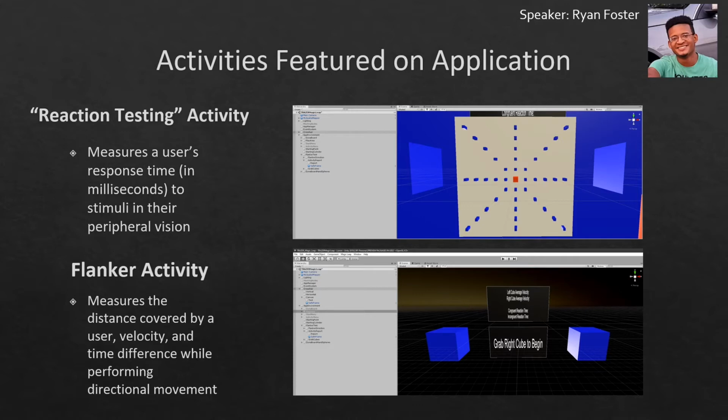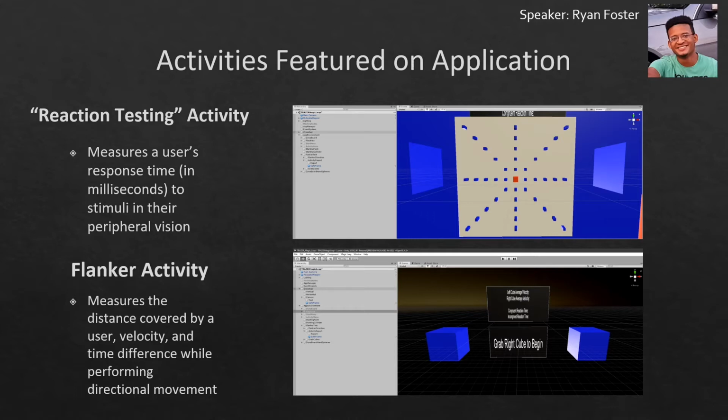The second application that the team worked on is a more traditional port of the TRAZER flanker test, which requires a user to move laterally to their right or left depending on a given prompt from the application. The team built a partial version of this application as an implementation demo last semester, and we have now expanded the application to allow for greater data collection for our AWS database.